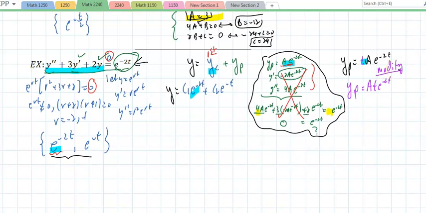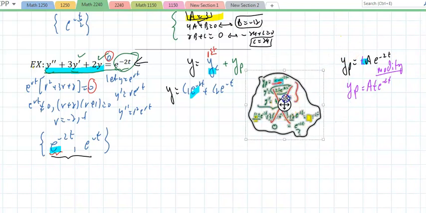And now I'm going to take two derivatives. Well, let's see how this works. Let me move this a bit further down or shrink it up even more.